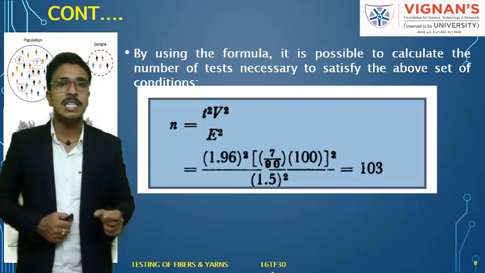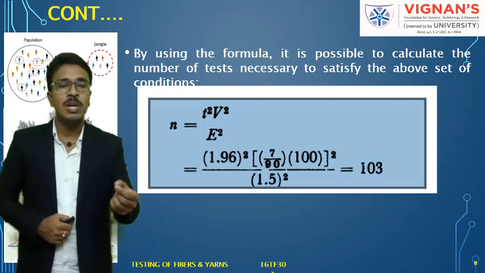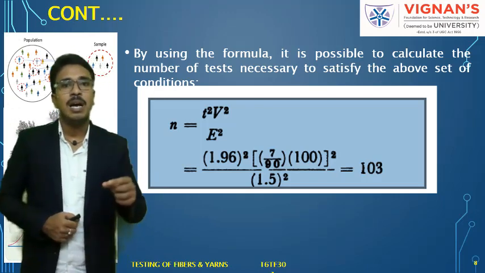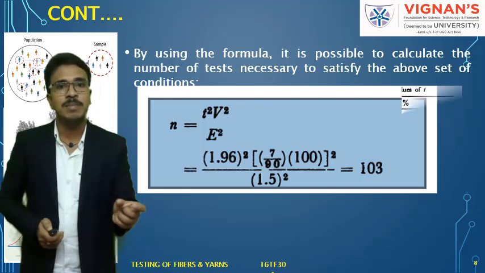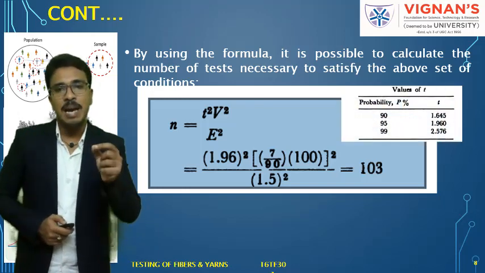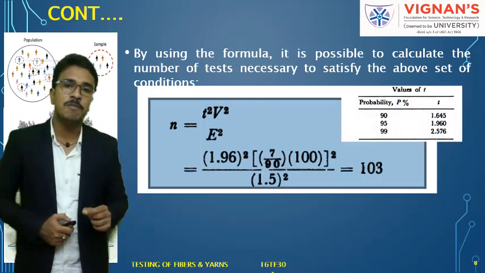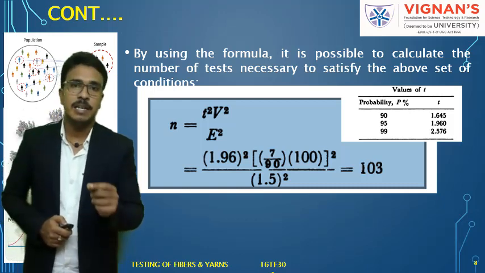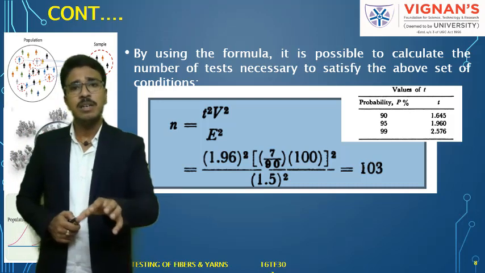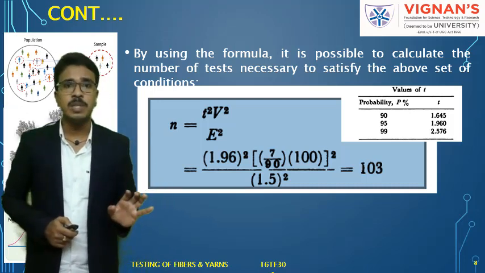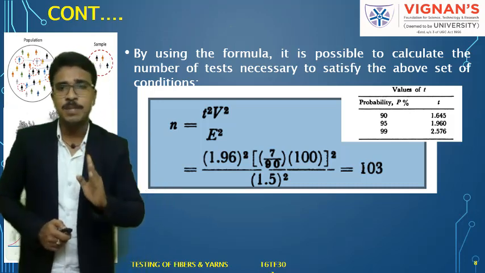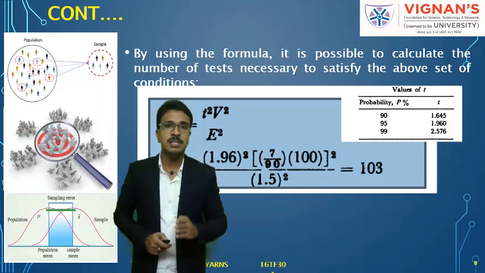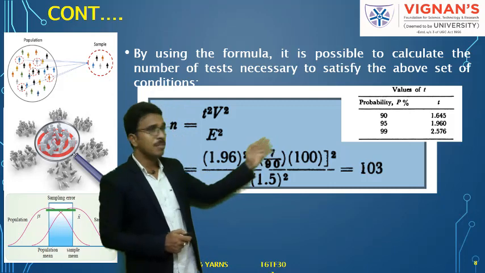Here small n stands for sample size, small t is the table value, a ratio from which we can get the t value from this table, capital V stands for coefficient of variation, and capital E stands for percent error, which is given in the problem. At 95% probability, the t value is 1.96, which we can take directly from the table.